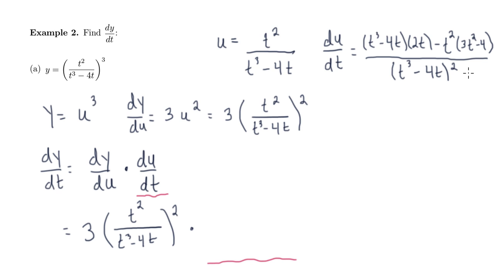Okay, and so actually this numerator simplifies just a little bit. So what do we have? We have t cubed times 2t, so that's going to be 2t to the fourth. This is going to be minus 3t to the fourth. So all in all, we have a minus t to the fourth. Okay, then we have minus 4t times 2t, so that's minus 8t squared.